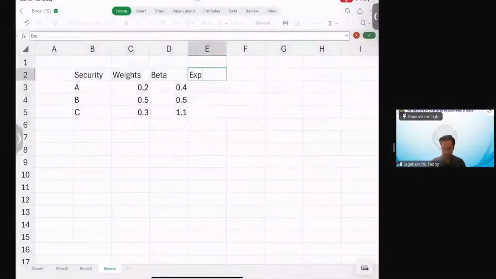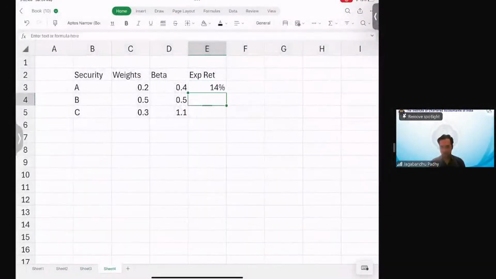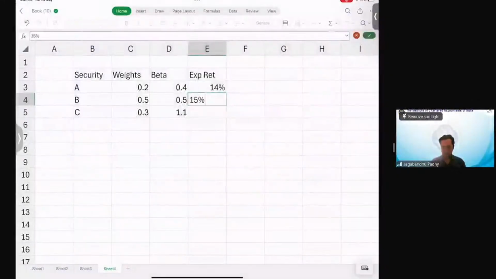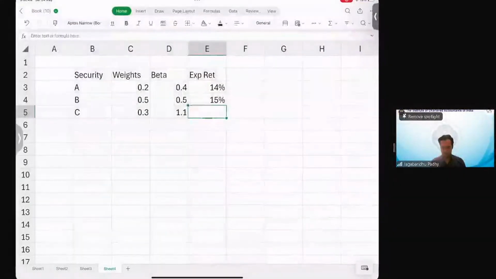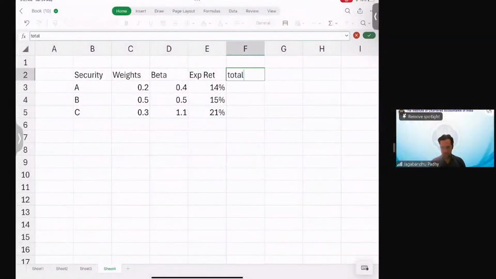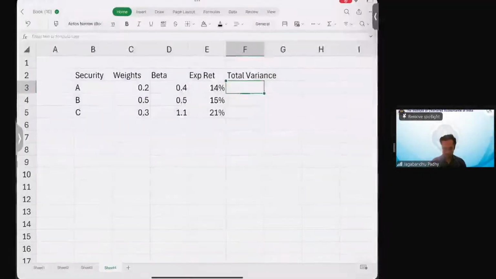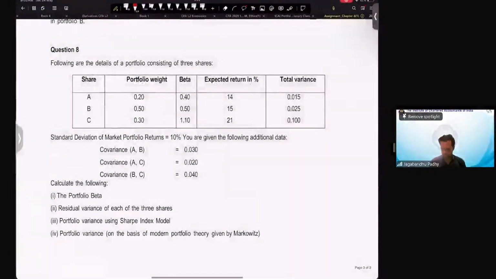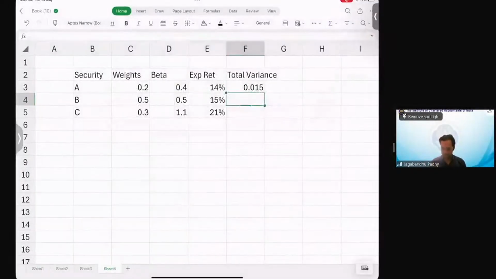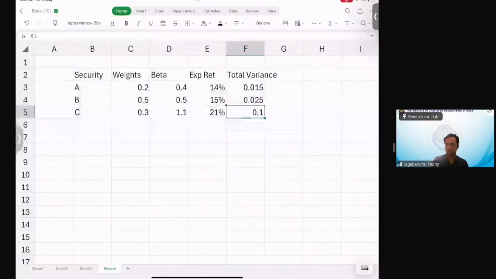Then we have the expected return. Expected return is 14%, 15%, and 21%. And we have the total variance. Total variance is 0.015, 0.025, and 0.1.